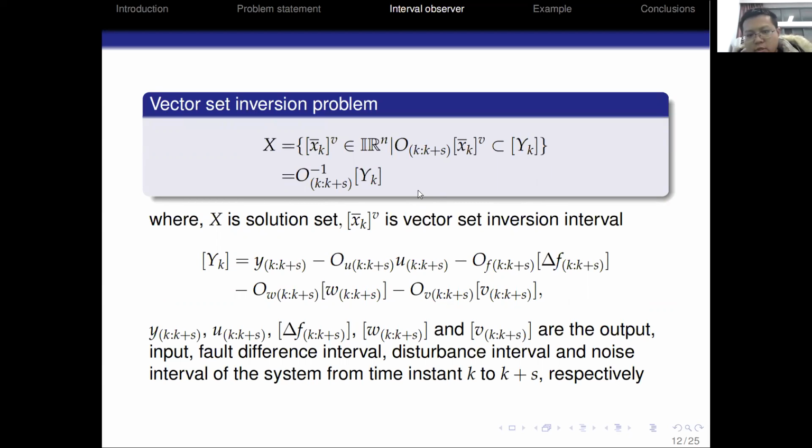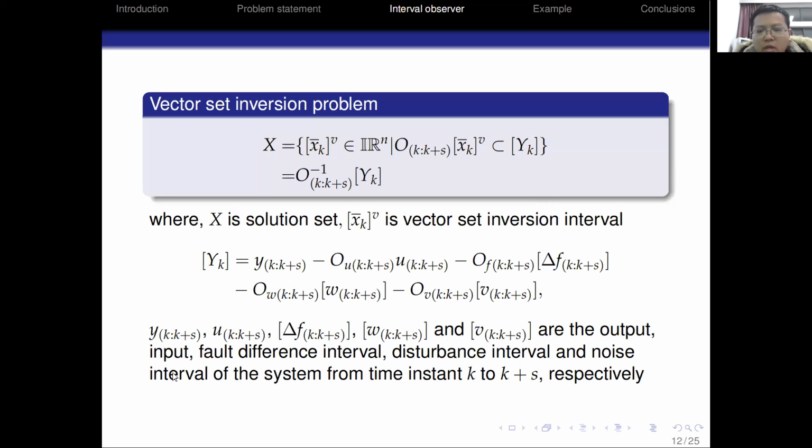This is similar to the SIVIA operation in the interval methods. X is a solution set, and the SKB is the vector set inversion interval, also called the SIVIA one. And we have yk.